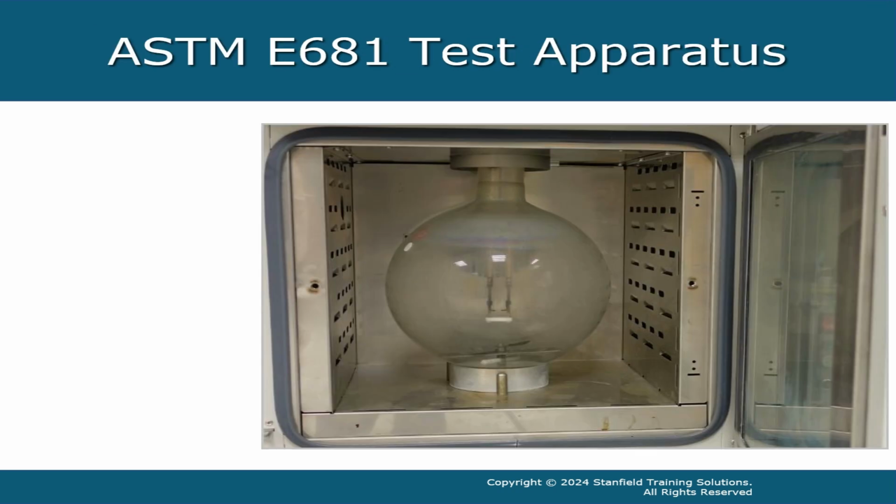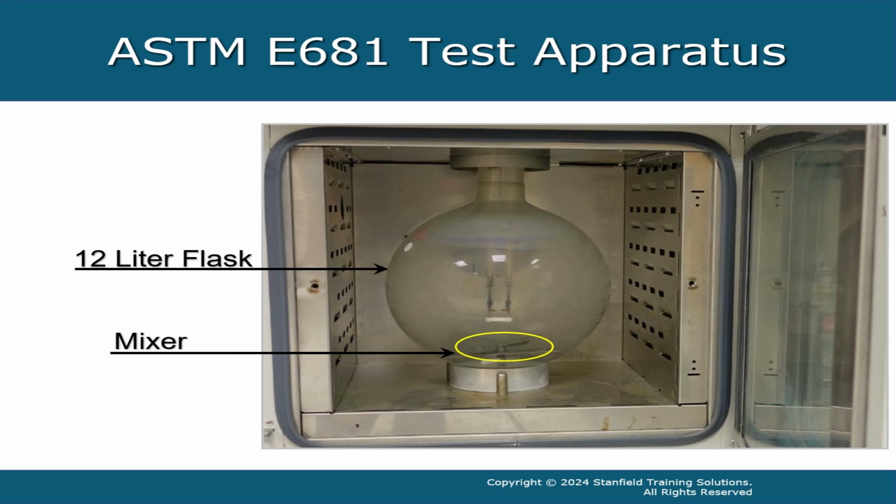Here is a picture of an actual test apparatus. This is a 12-liter glass flask into which the test gas is injected. A magnetically driven mixer, shown at the bottom, mixes the gas and the air. Electrodes are located at 1/3 the height of the flask. They have a 1/4-inch gap which is energized with approximately 15,000 volts to provide an ignition source.